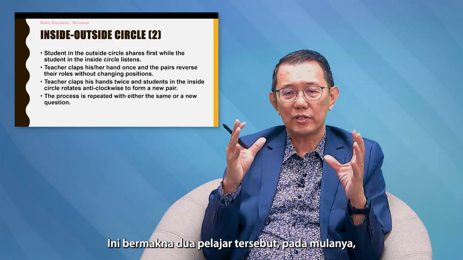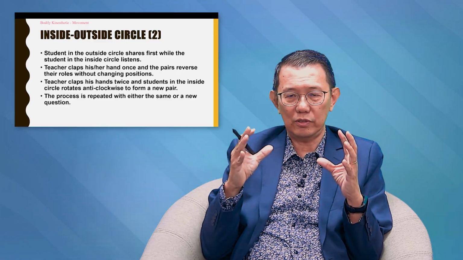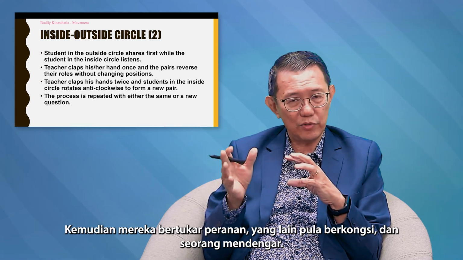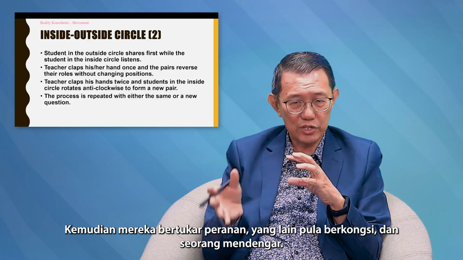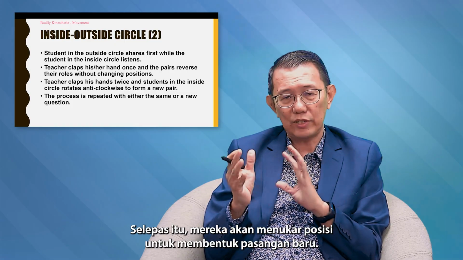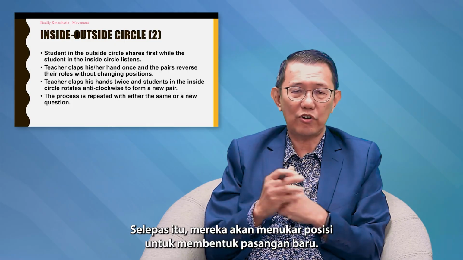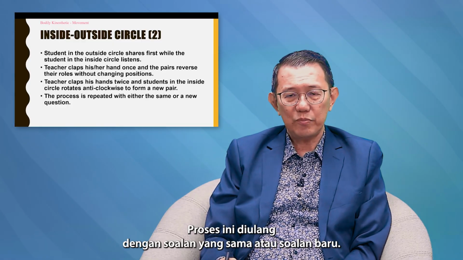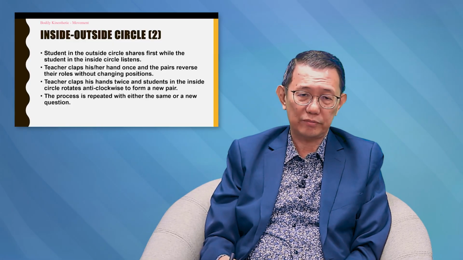So that means the two students, first of all, one will share, the other listens. Then the other will share, and the first listens. After that, they will change position to form a new pair. The process is repeated with either the same or a new question.